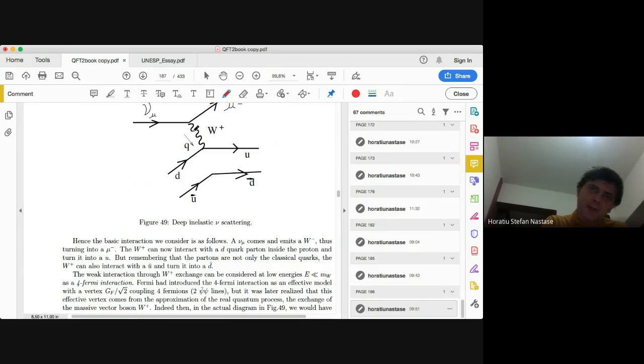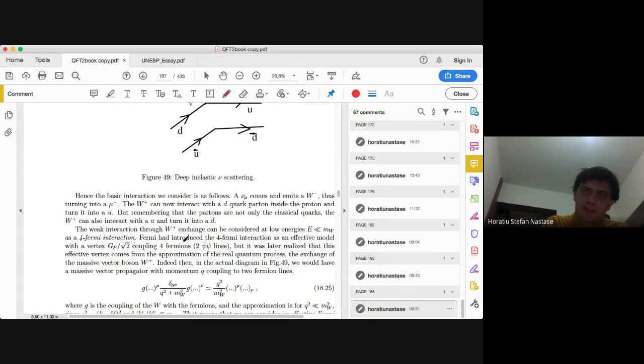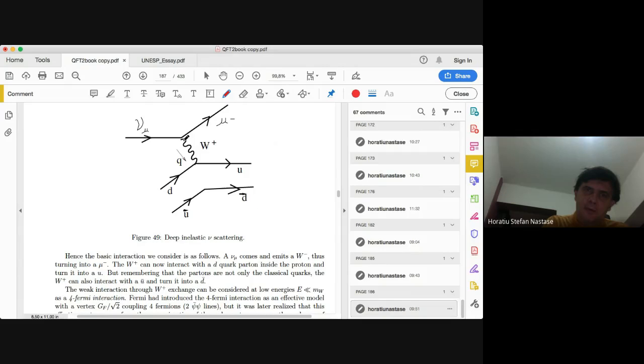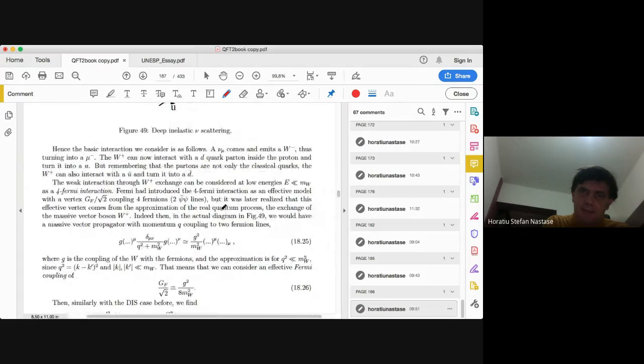Yeah, well, let's call it gluon. Charged massive particle. So Fermi introduced it as a vertex with a coupling G Fermi divided by square root 2, coupling together 4 fermions. So 2 psi bar psi lines.